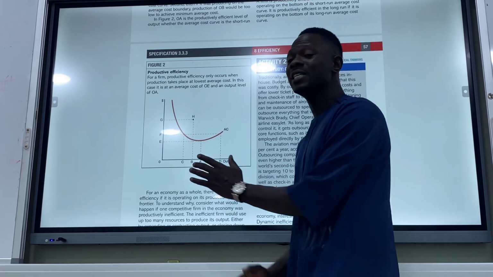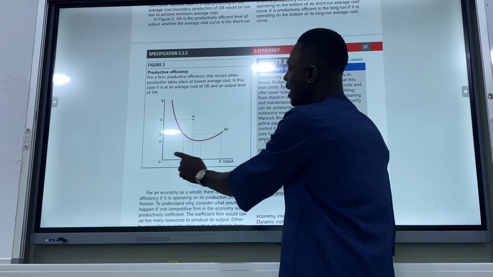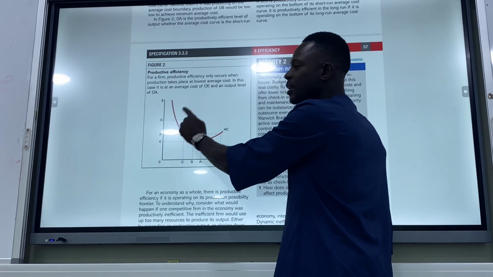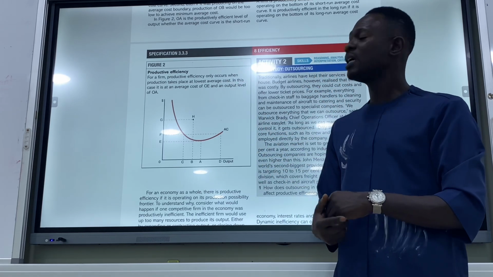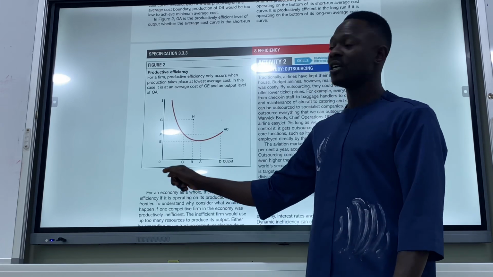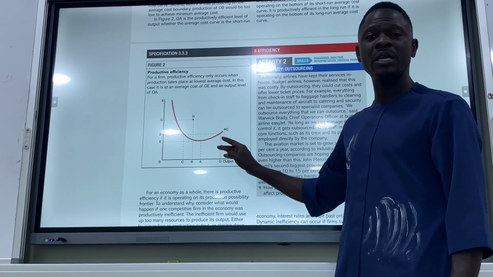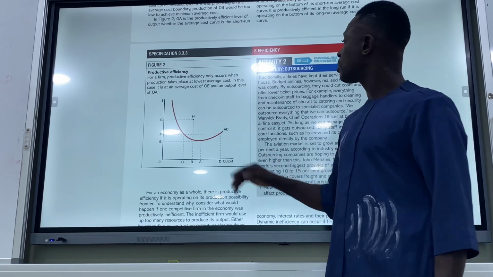The same goes when it's producing the highest possible output at OD with the same cost of OF. It is still productively inefficient because it's producing at the highest output but not the lowest cost that can be achieved. It is also increasing the average cost of production, which will bring about diseconomies of scale.